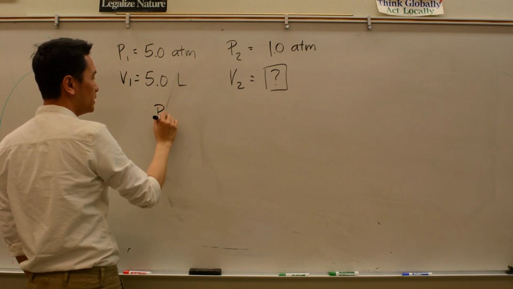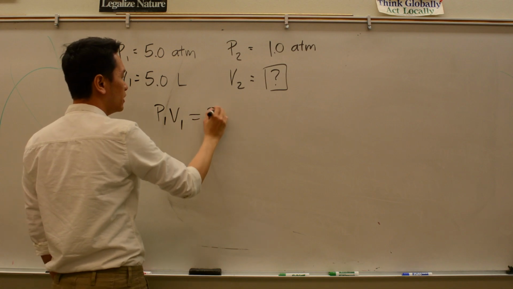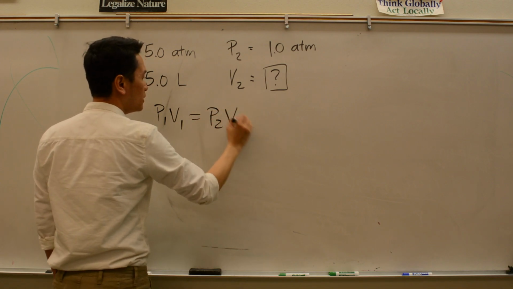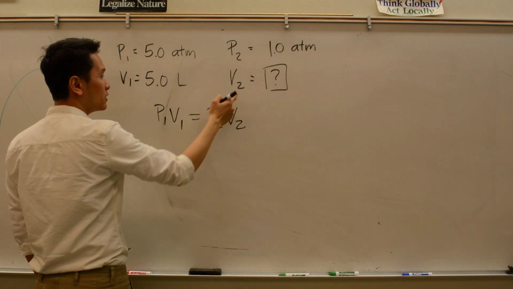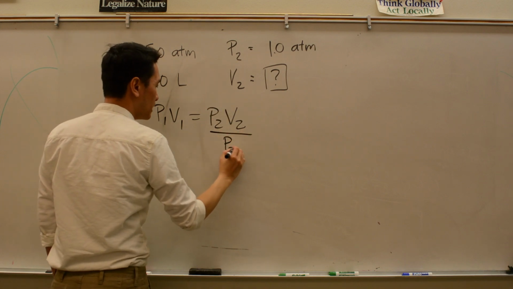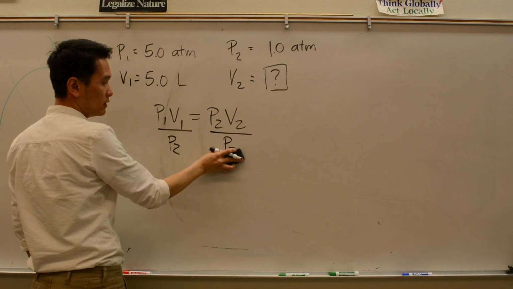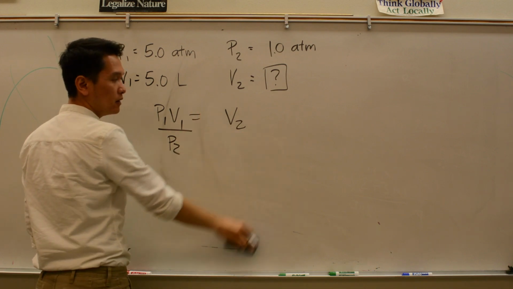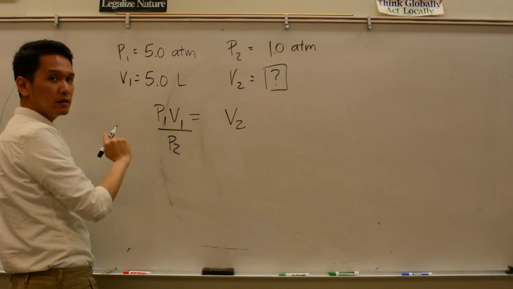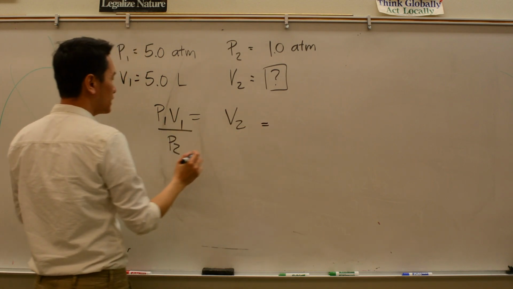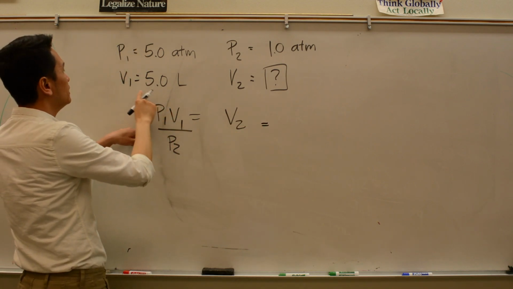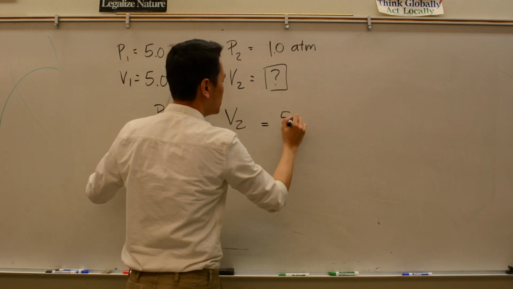So the equation is P1 times V1 is equal to P2 times V2. To solve for V2, again, we divide both sides by P2. P2 will cancel each other out, giving us this equation. Plug things in. P1 is 5 atmospheres.